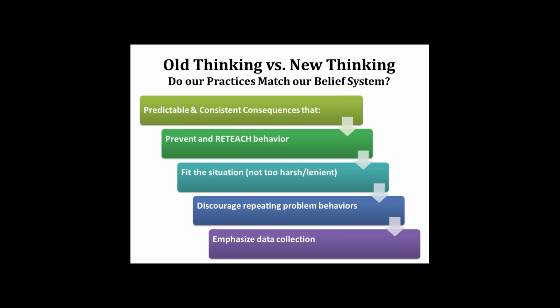That's a mildly aversive consequence, and we know that mildly aversive consequences are much more effective than overly harsh ones. We also want to make sure that it's not too lenient. We do want the student to feel uncomfortable. And it's all designed to discourage repeating those problem behaviors.